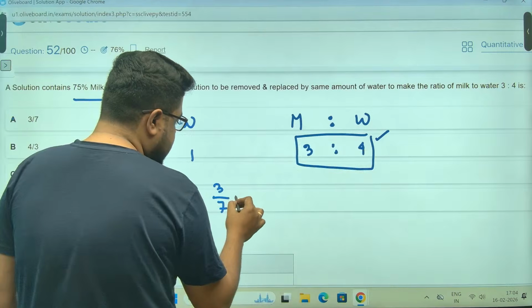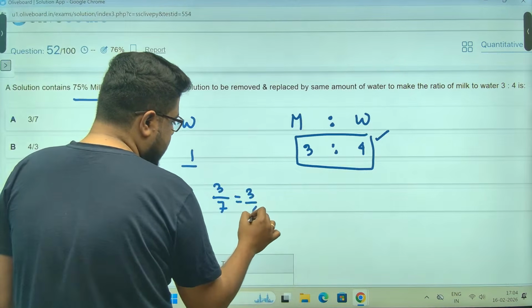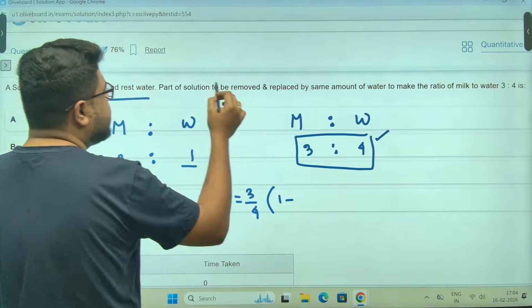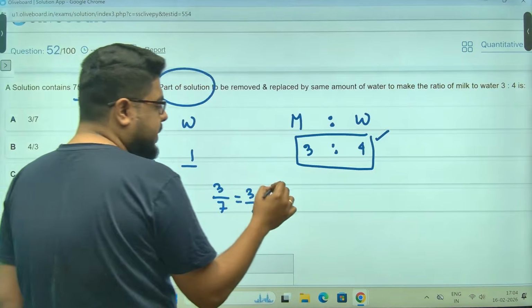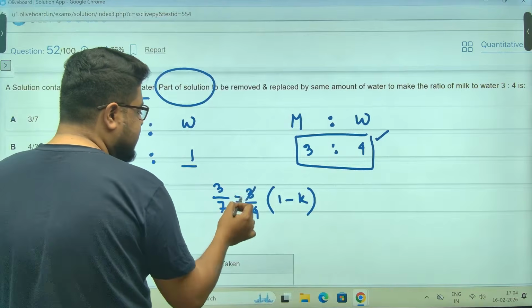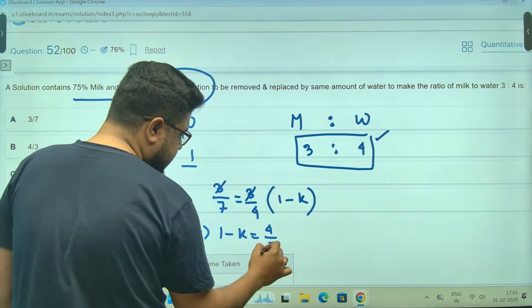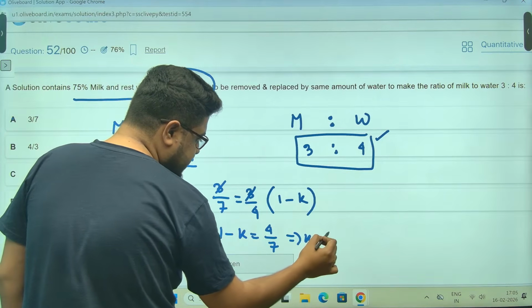3 plus 4. Initial milk was 3 out of 4, into 1 minus whatever part of the solution was replaced. Let's say k parts was replaced. So just cancel, and 1 minus k becomes 4 by 7. So k becomes 3 by 7.